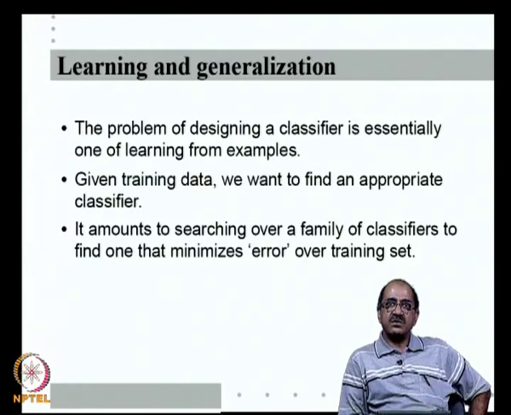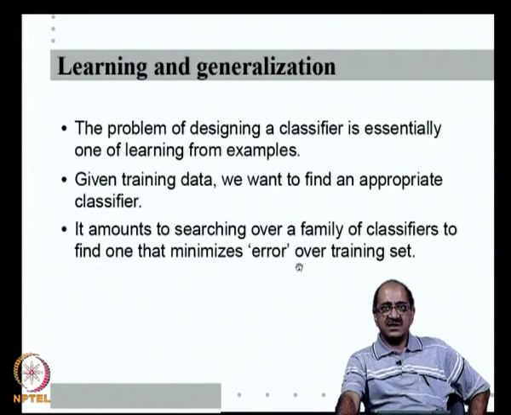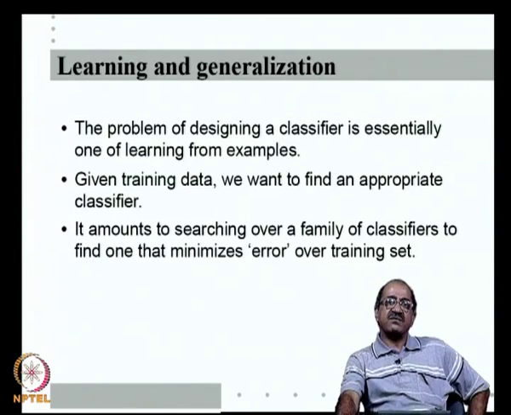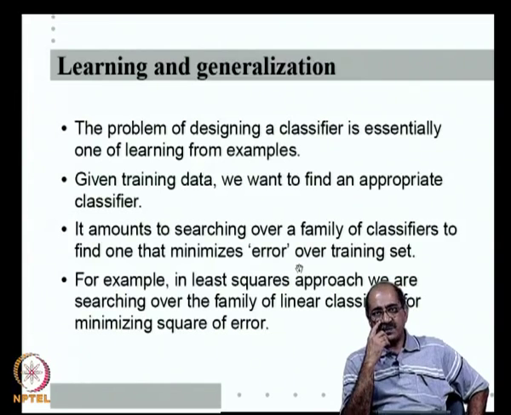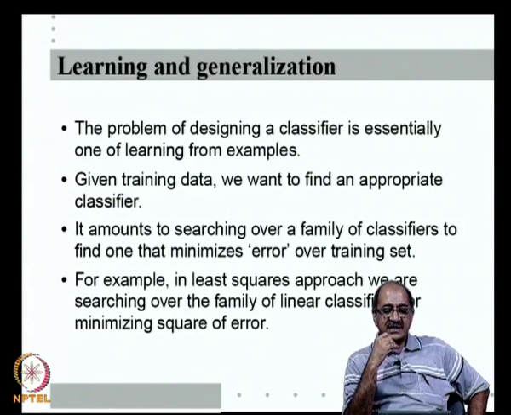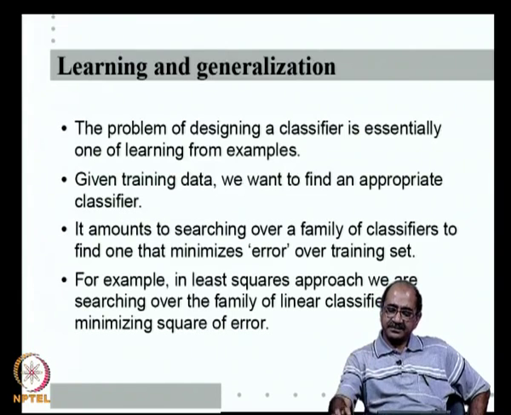So, all vectors w is a family of classifiers. We are asking among all vectors w, which gives me the minimum error over the training set. Error is how we define it. So far, we only looked at squared error, but it does not matter. We are looking for one classifier from a family of classifiers that minimizes error over the training set. Right? For example, in linear least squares, we are searching over the family of linear classifiers for minimizing the square of the error. Okay.